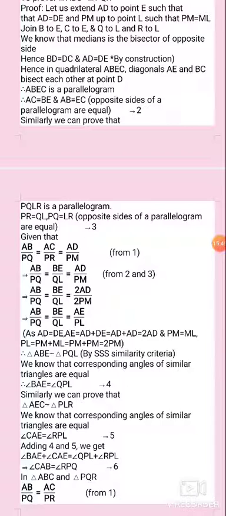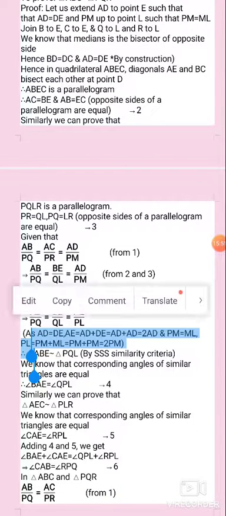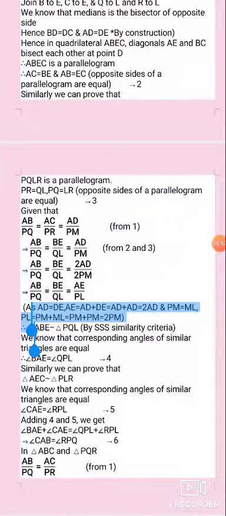Call this equation number 5. Adding equation number 4 and equation number 5, we get angle BAE plus angle CAE is equal to angle QPL plus angle RPL, which is equal to angle CAB plus angle RPQ. Call this equation number 6.